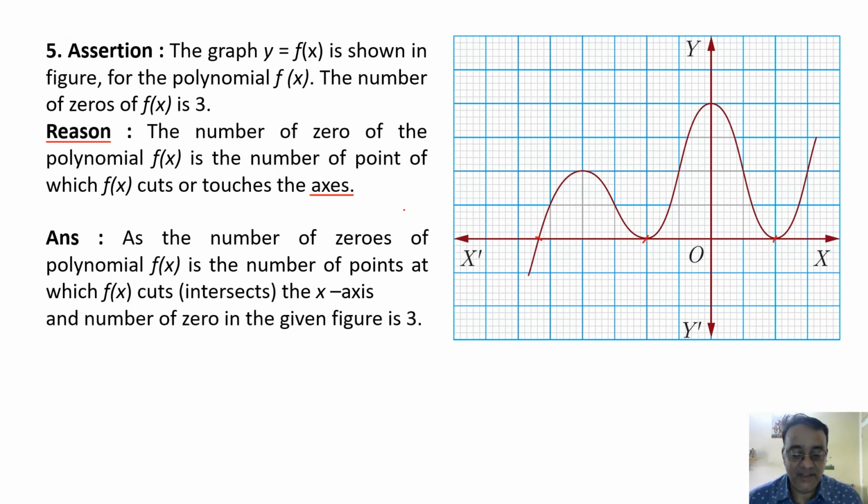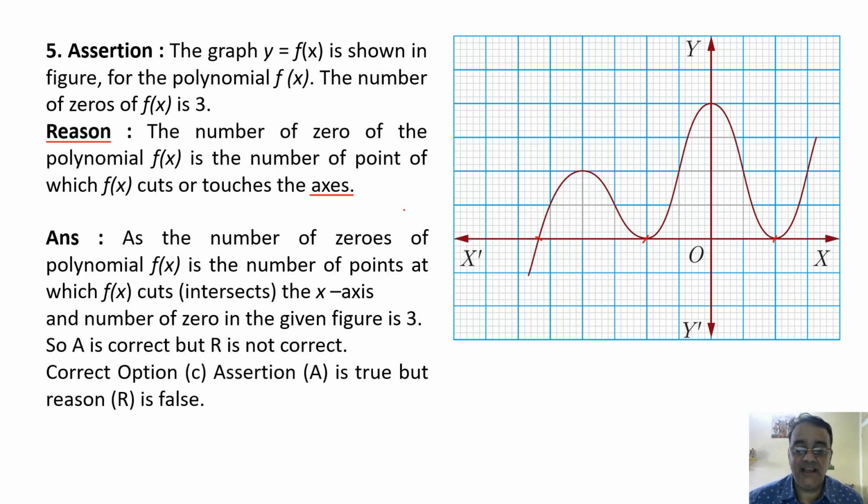That is correct. So that means the assertion is correct. What about the reason? The reason is not correct. So the correct option is C: assertion A is true but reason R is false. Any doubt in this question? No, sir.